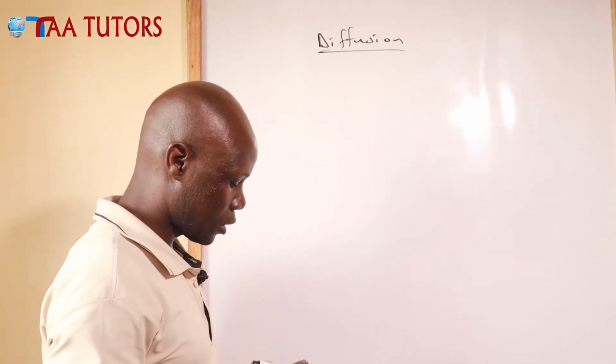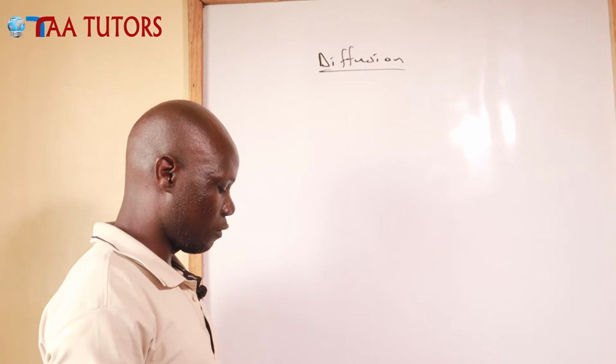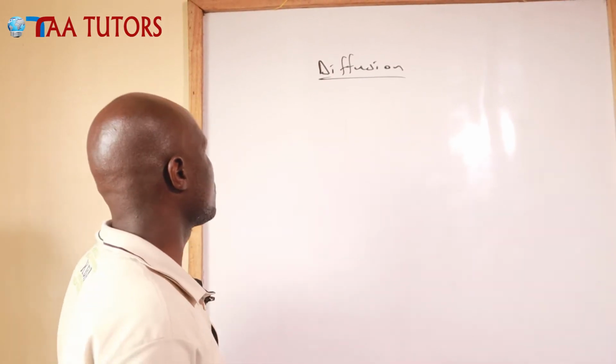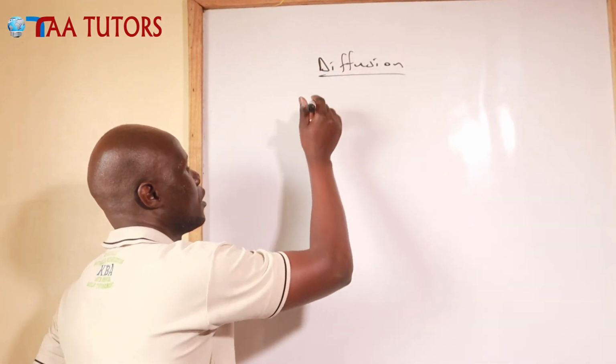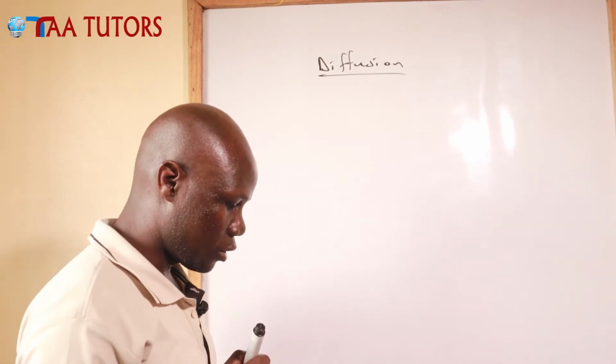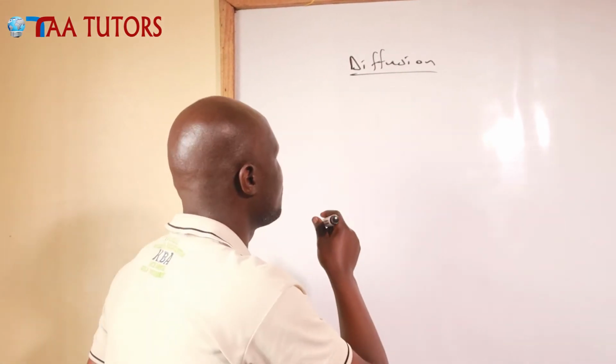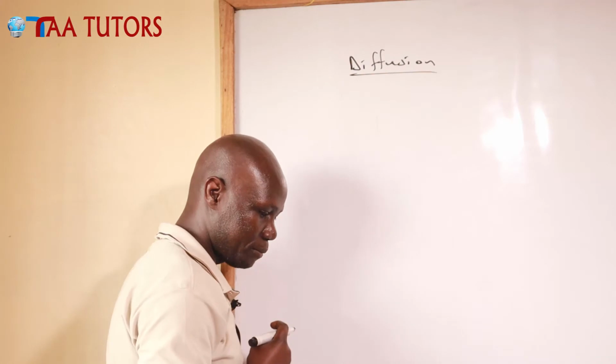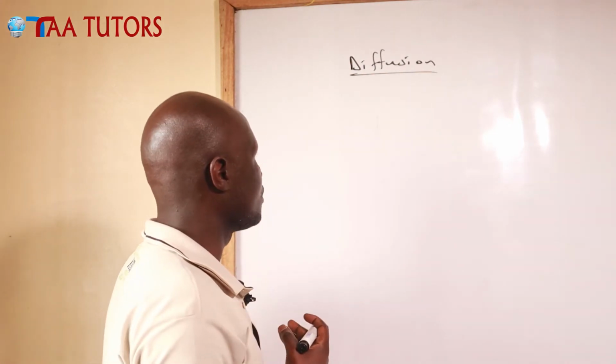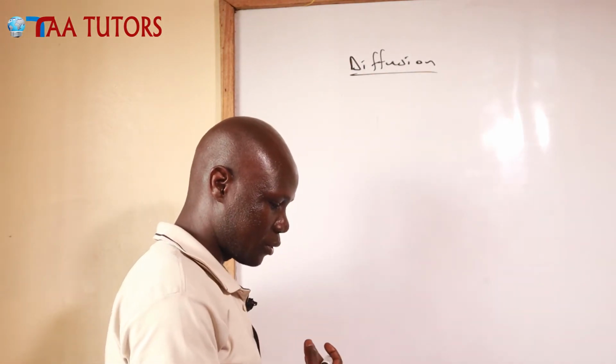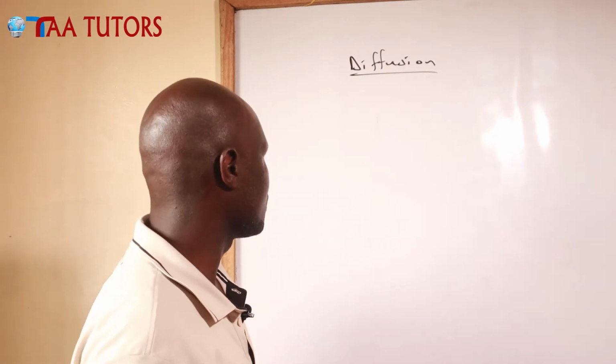We are going to talk about singling out different modes of transport. We want to start from diffusion. So diffusion, in physical terms, is the movement of molecules from the region of their high concentration to the region of lower concentration.